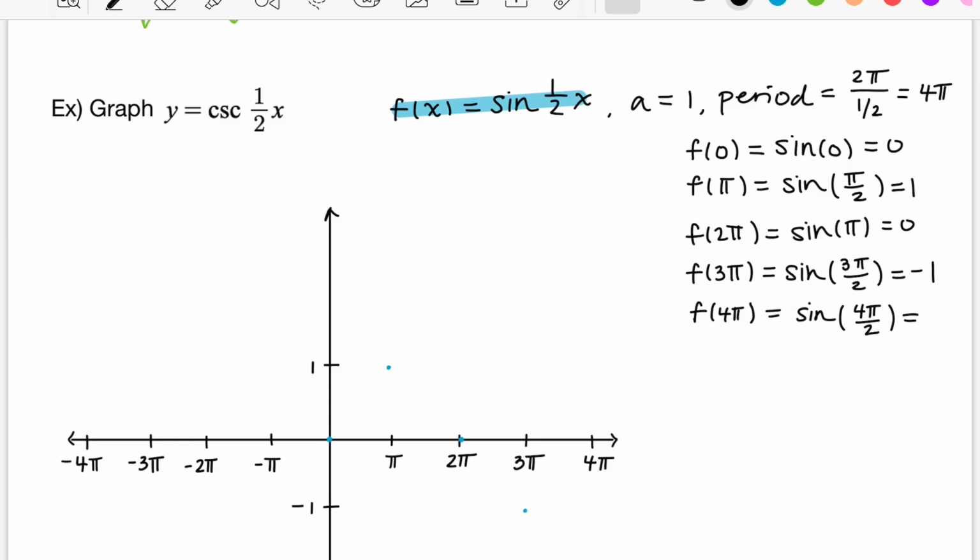So this will be 0 here. Now doing the same thing on our negative x-axis. At negative pi, we'll get negative 1. At negative 2 pi, we'll get 0. At negative 3 pi, we'll get positive 1. And at negative 4 pi, we'll get 0. So this is the graph for our sine function.